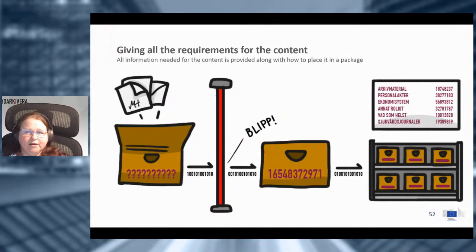The next one is that we actually give all the requirements for the content. The best example here is we know we have an XML schema describing an information type and all the content, all the elements, all the attributes that are for this information type. We need to put some requirements on it.